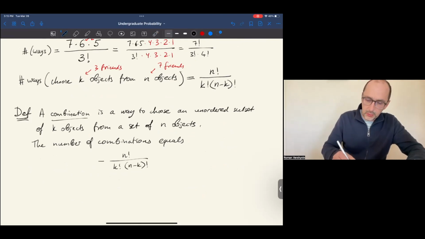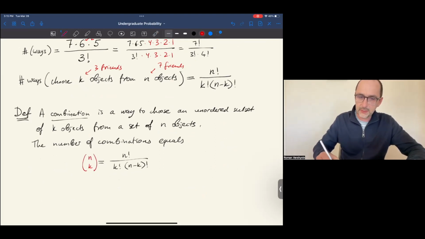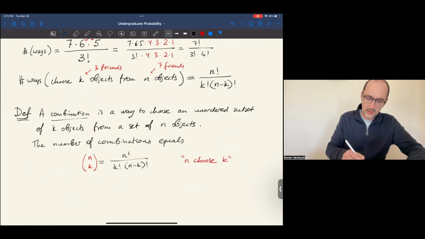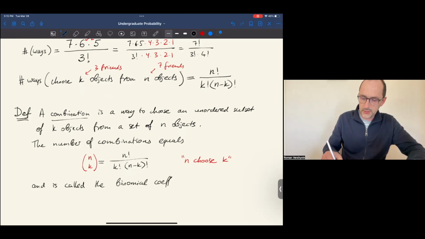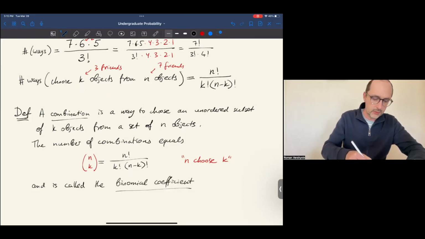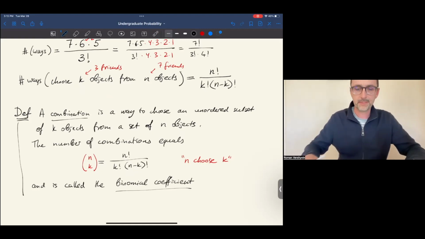This number is denoted this way, is pronounced n choose k, and is called the binomial coefficient, for a reason that will be clear later.